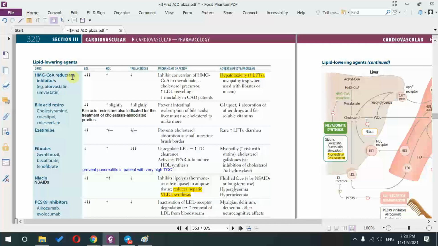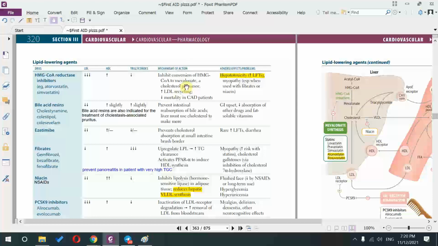So the HMG-CoA reductase inhibitor decreases the LDL and the triglyceride, and the mechanism of action is the inhibition of the HMG-CoA reductase. It prevents the conversion of HMG-CoA to mevalonate, which is a precursor of cholesterol, as you can see here on the right. So just to prevent a step.